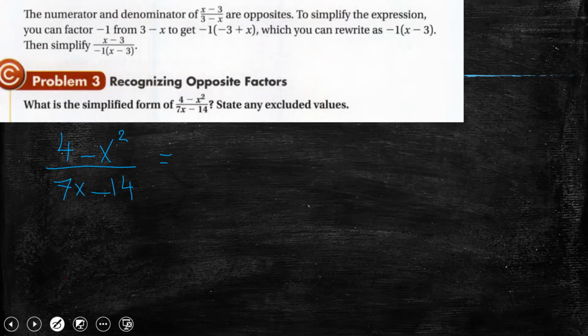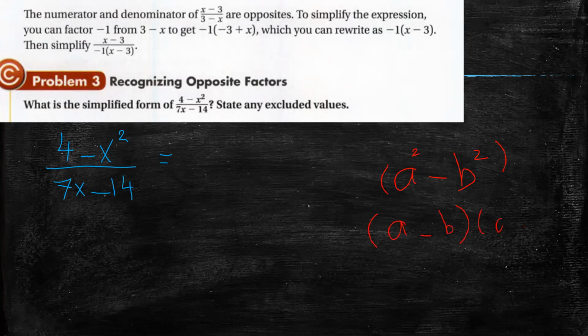Two minus x and 2 plus x. Thank you, Nada. Bravo. It is like a squared minus b squared. So when you factorize it, you will have a minus b times a plus b, which we call a difference of perfect squares. So we have a and b, and one is negative and one is positive.